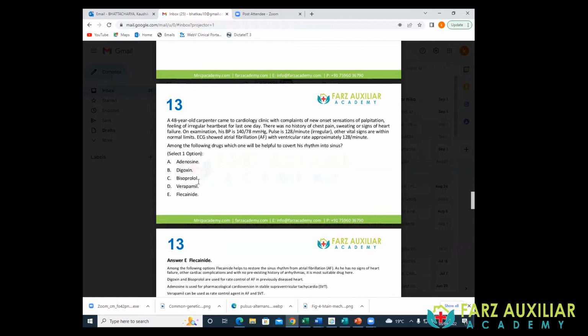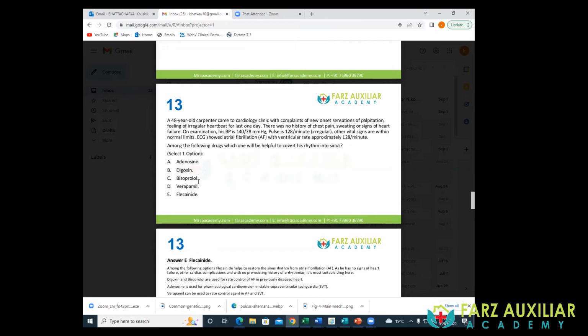Beta blocker, no. Unless it's a designed beta blocker, it's usually bisoprolol. If you give somebody bisoprolol and after 3 hours the patient goes back to sinus rhythm, this has happened by chance. Bisoprolol does not convert it. Verapamil, no. Verapamil causes rate control in AF, and in SVT, yes, it can block one of the slow-fast pathways.